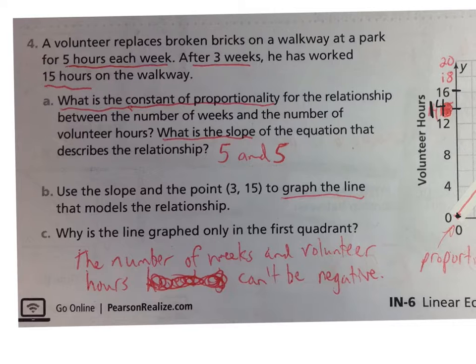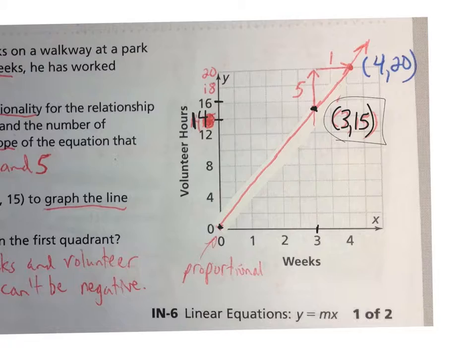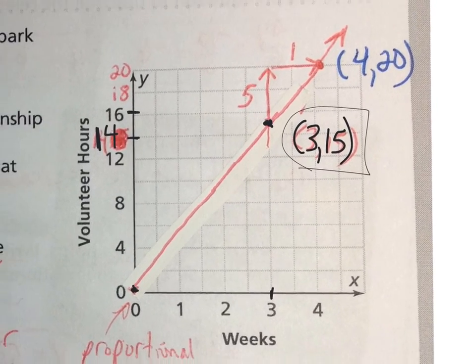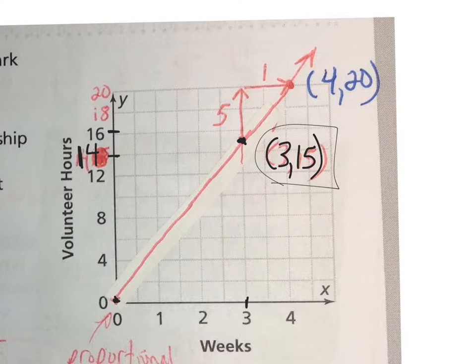And then part B, use the slope and the point (3, 15) to graph the line. Technically, we've already graphed it if you started at (0, 0) and you went through (3, 15). Another thing we could do using the slope, we could say slope was 5, which is change in y over change in x. So if that's 5, that's like 5 over 1.